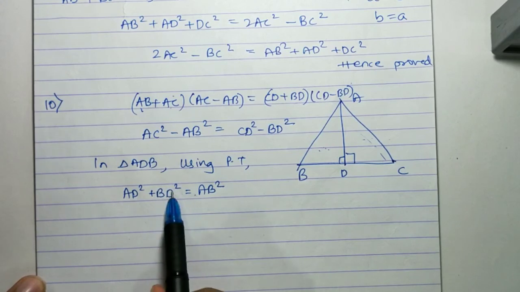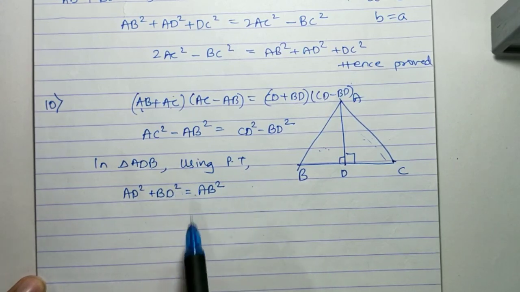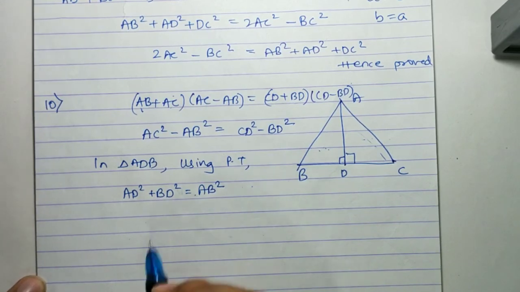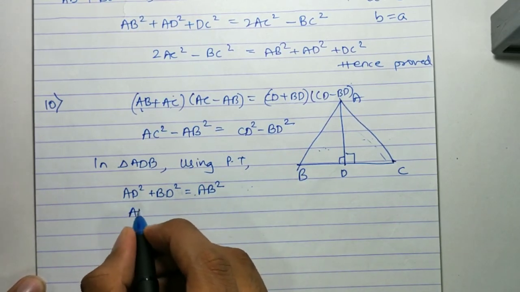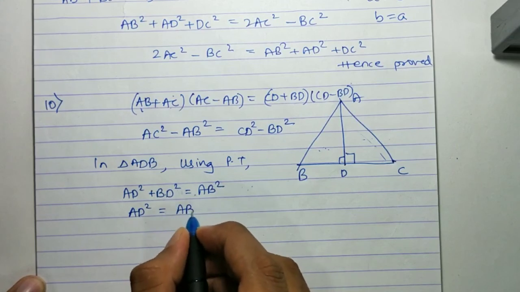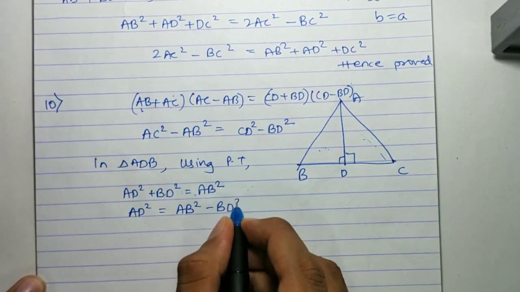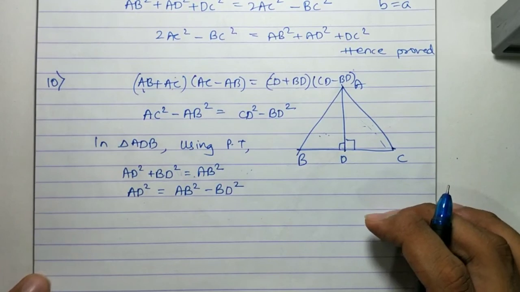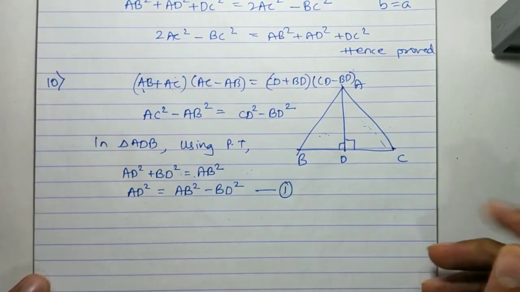I'll shift this BD square on the right hand side. So I will have AD square equals AB square minus BD square. Name this 1.